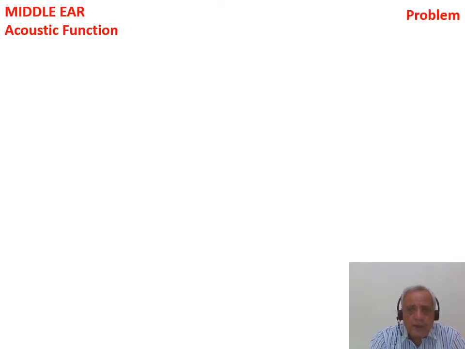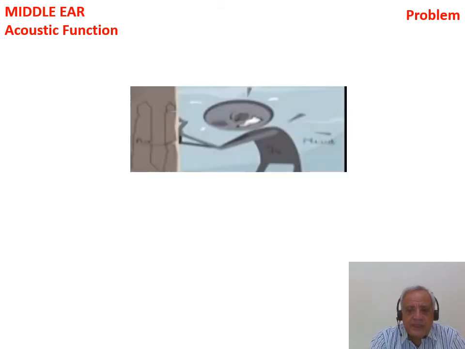Now we move to the middle ear function for sound. There is no problem of passing sound from the external ear to the middle ear. Why? Because in the external ear and middle ear there is air. But the problem is the passing of sound from the middle ear to the inner ear. Why?